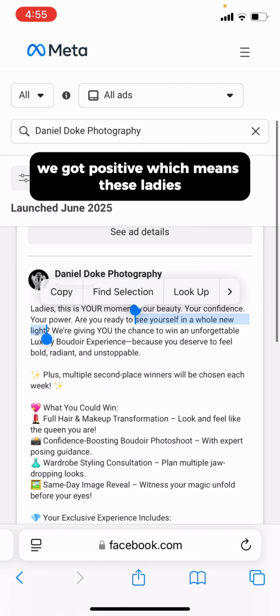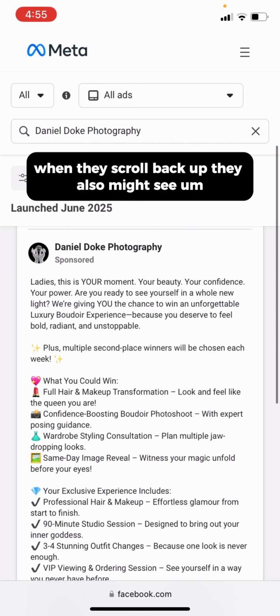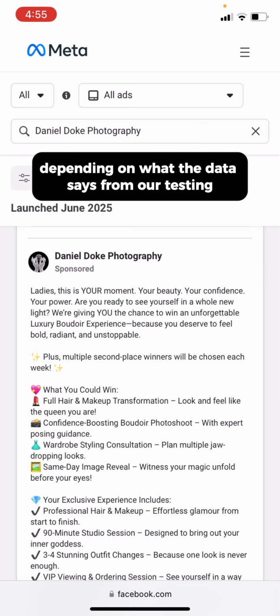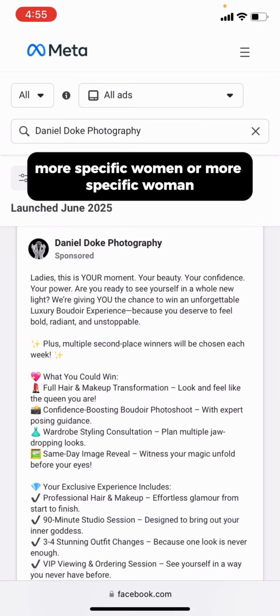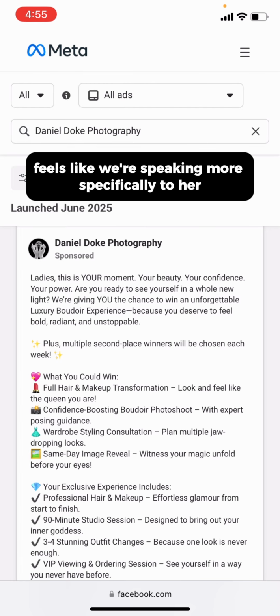So good, we got positive, which means these ladies, when they scroll back up, they also might see yourself in a whole new light. That may also be relevant to them, depending on what the data says from our testing. And that's good. More specific women being called in feels like we're speaking more specifically to her.